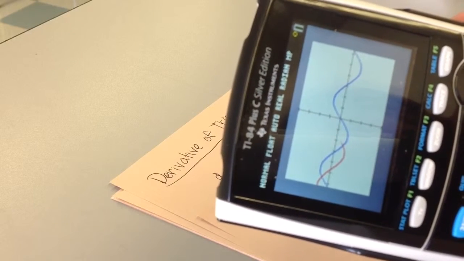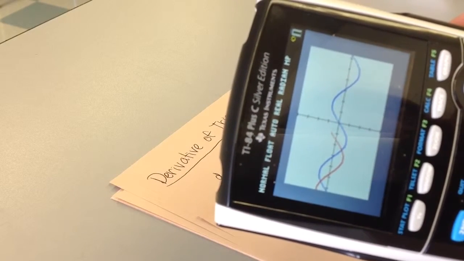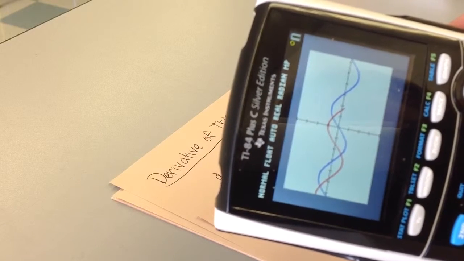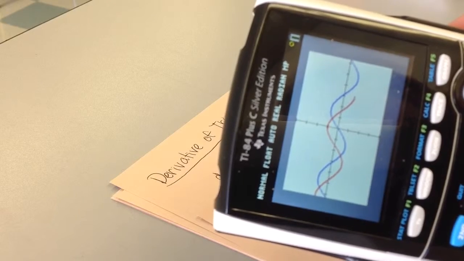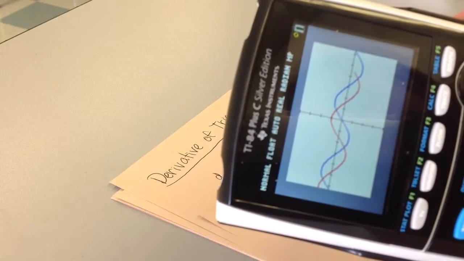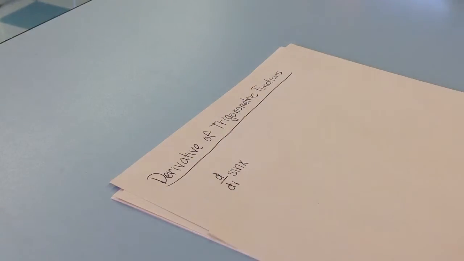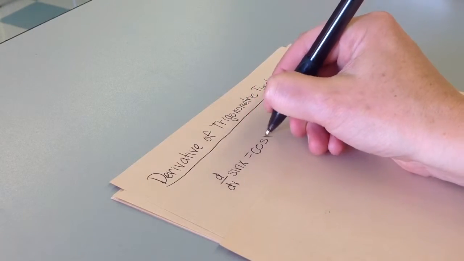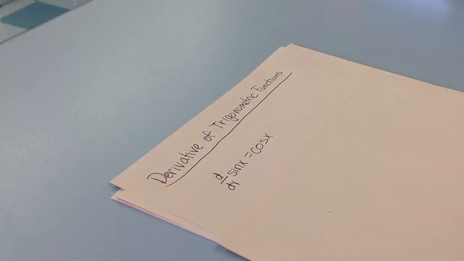Before I say it, stop and watch the graph and see if you can take a guess. To me, it appears that the graph of the derivative of the sine ends up being the cosine of x. So now we're going to prove this to be true.